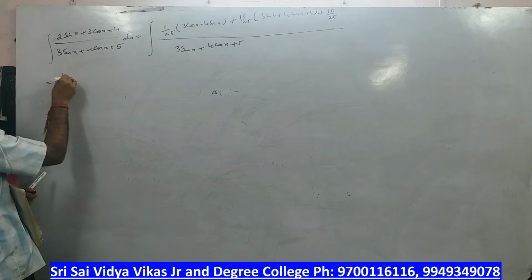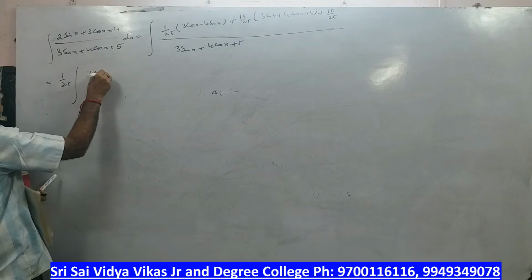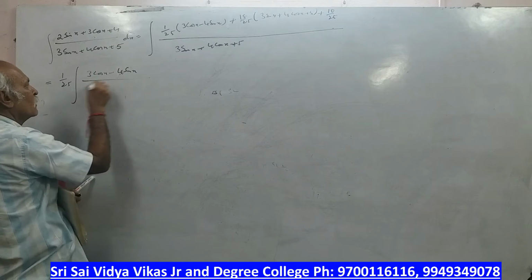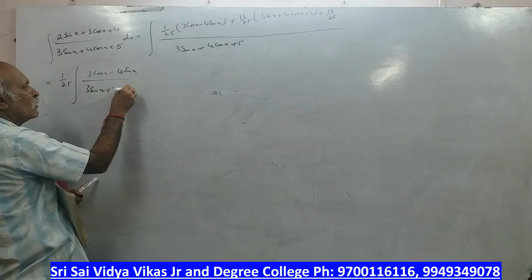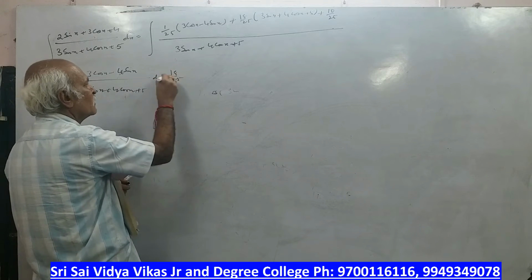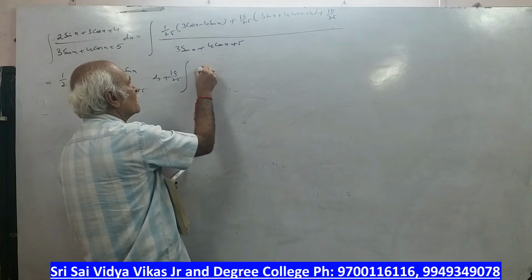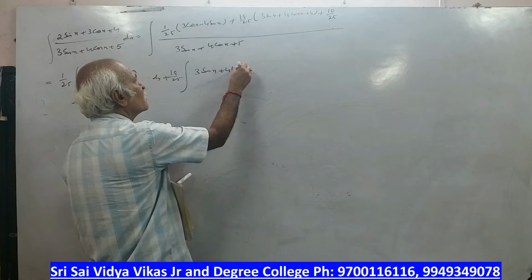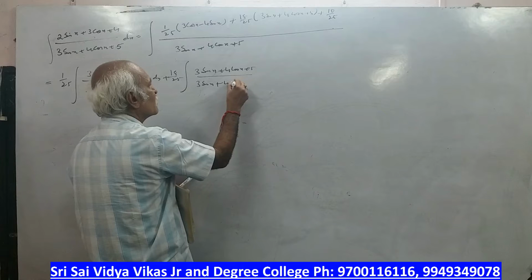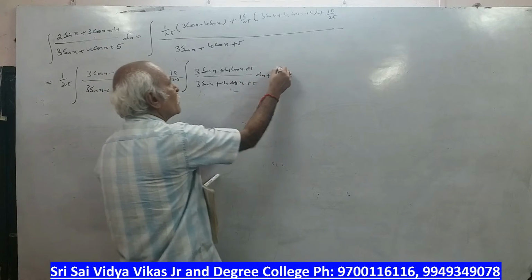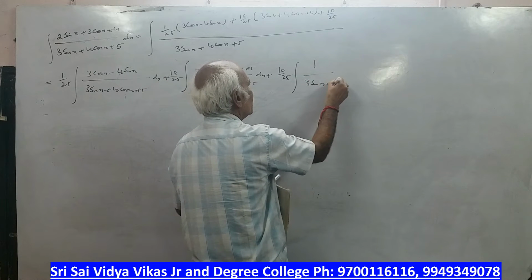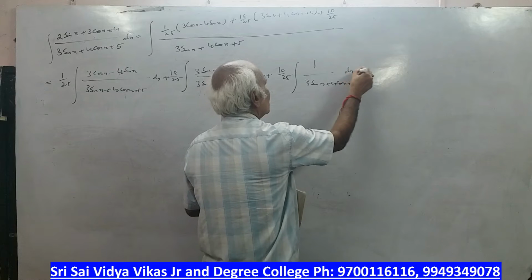It is equal to 1 by 25 integration of 3 cos x minus 4 sin x by 3 sin x plus 4 cos x plus 5 dx plus 18 by 25 integration of 3 sin x plus 4 cos x plus 5 by 3 sin x plus 4 cos x plus 5 dx plus 10 by 25 integration of 1 by 3 sin x plus 4 cos x plus 5 dx.